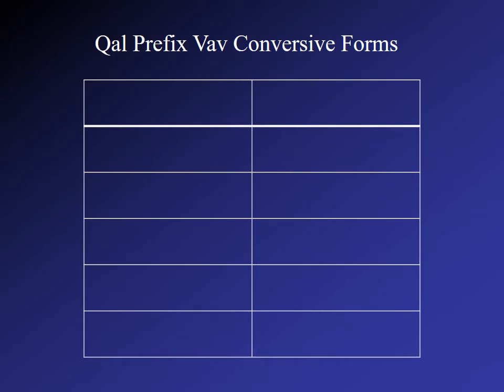Okay, so let's review our kal prefix vav conversive forms. Our strong root, pakad. If we make the kal prefix vav conversive of pakad, then we would write vayifkod. You recall that the hirek under the yod is the marker of the kal prefix in the third masculine singular, and also the holum between the second and third radical, although that marker is less reliable.